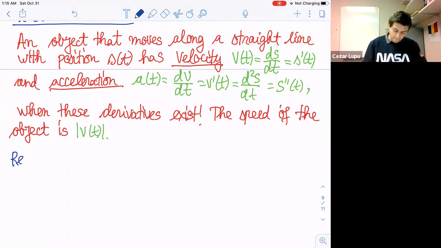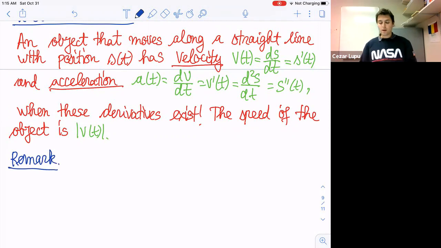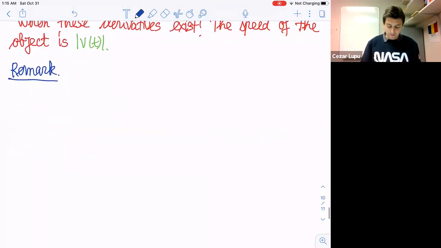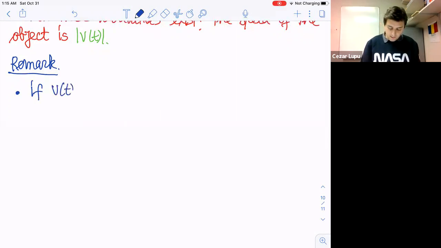So, a remark, and this is the following. The first thing is that if v of t, the velocity, is positive, then we can say that the object is advancing.